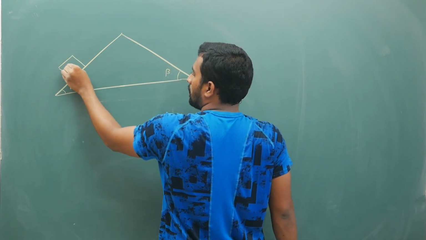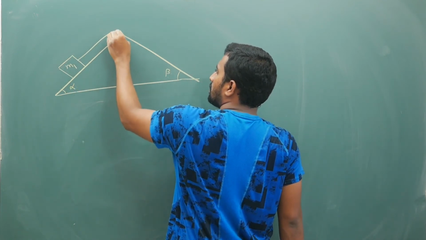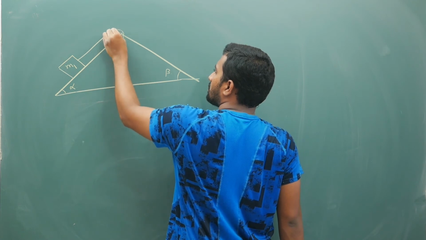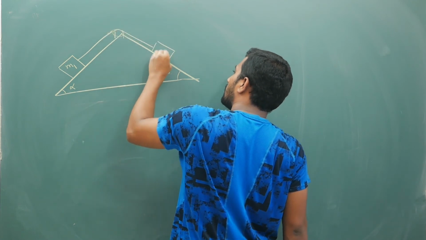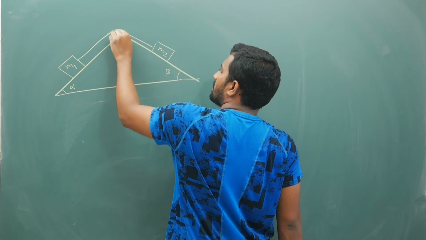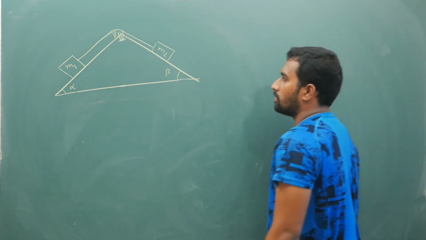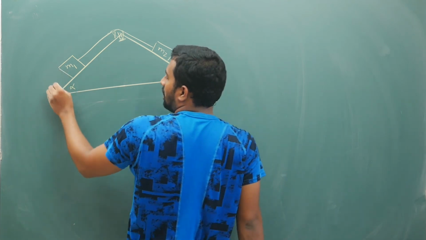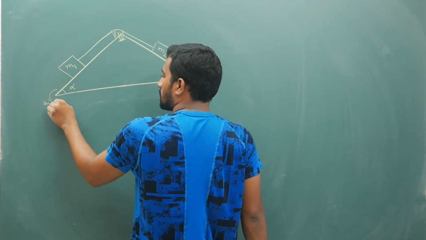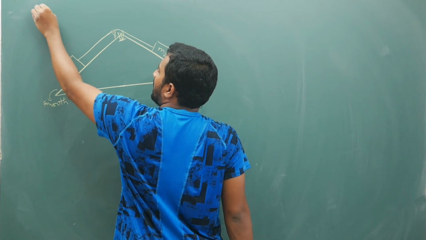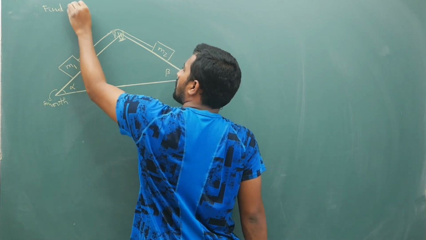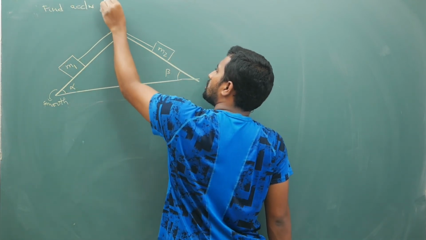You have a block of mass m1 and you have a pulley here. Somehow you are managing to keep the pulley fixed like this, and then you have m1 and m2 like this. The question is, all surfaces are smooth. Find the acceleration of the block. That is your question.